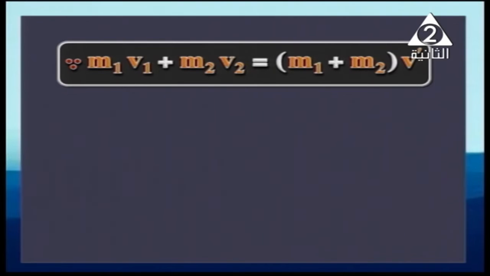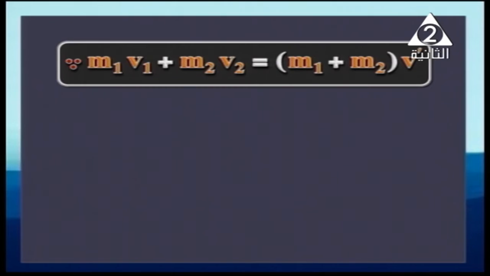We have M1 is the mass of the hammer, M2 the mass of the nail, V1 is the velocity of the hammer, V2 the velocity of the nail, V dash the velocity of the nail with the hammer.